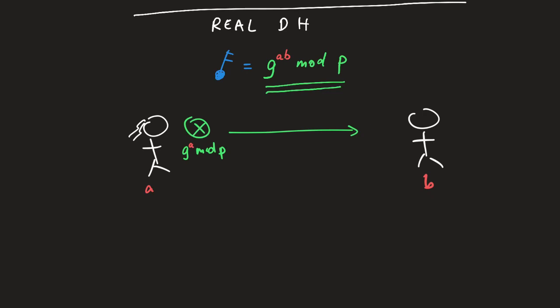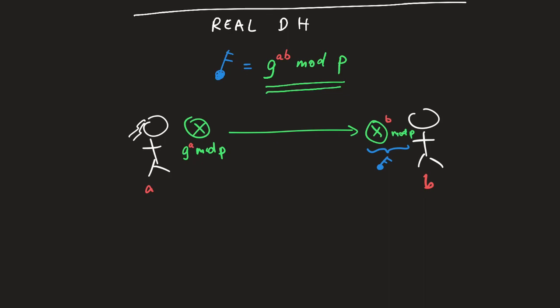What Bob's going to do, he's going to take big X to the power of B mod P, and then now he's got his key.